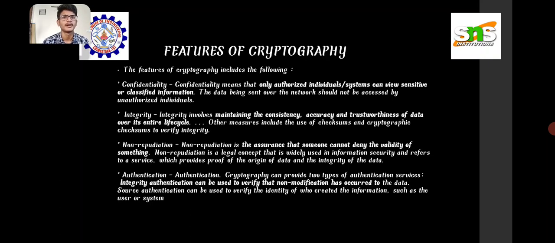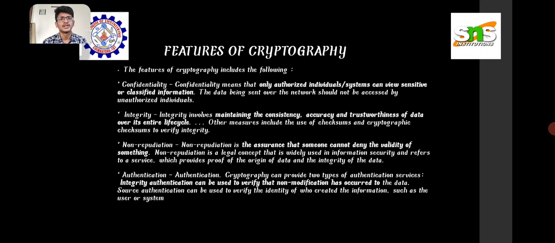Non-repudiation. Non-repudiation is the assurance that someone cannot deny the validity of something. Non-repudiation is a legal concept that is widely used in information security and refers to a service which provides proof of the origin of data and the integrity of the data. Authentication.